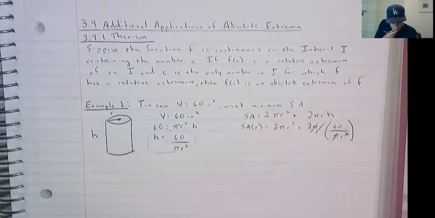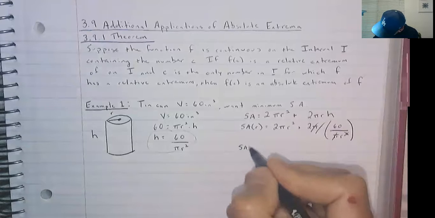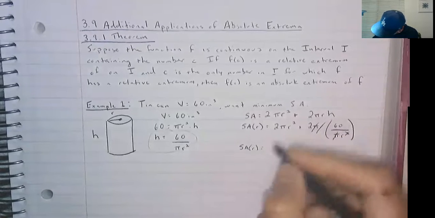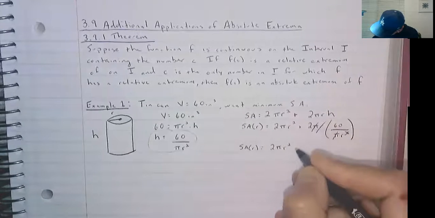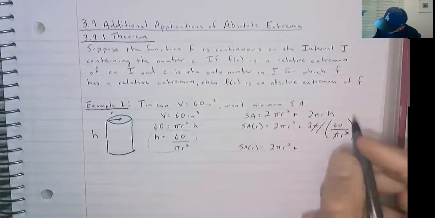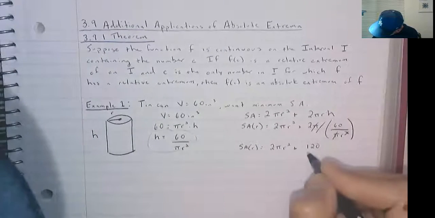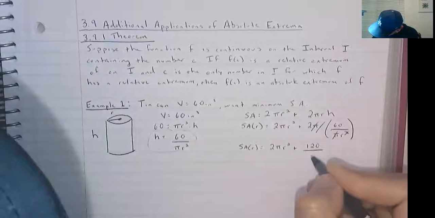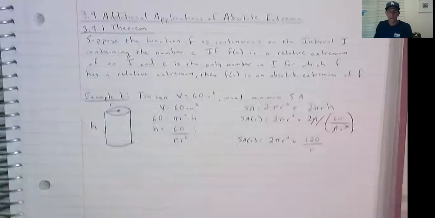And so our surface area with respect to the radius is going to be 2 pi r squared plus 120, 2 times 60, divided by r, because only one of those r's got canceled out there.